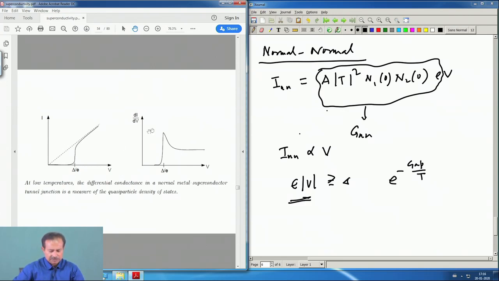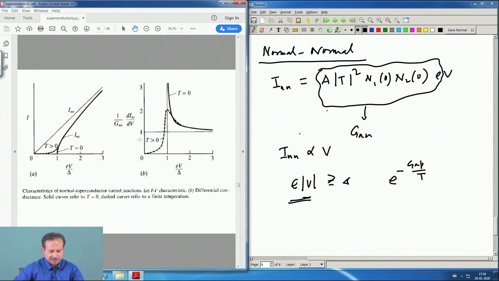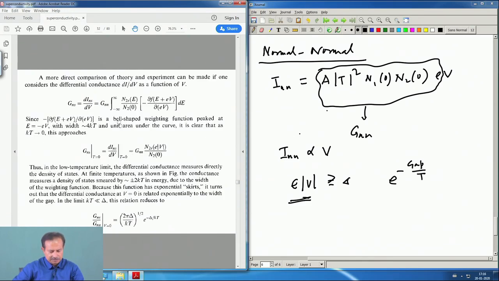The other thing, which we will come to, is something interesting: the differential conductance dI/dV. From that same expression you can just take a derivative, and the only place voltage appears is inside the Fermi function.